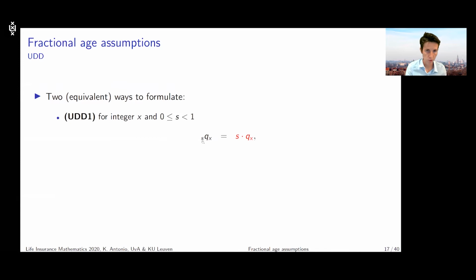So here the s is really a subscript. On the right-hand side, I'm making my UDD assumption, and it turns out that I can quickly obtain this mortality probability by multiplying q_x, the 1-year probability of dying, with the duration s that I consider. And this only holds for an s between 0 and 1, of course.